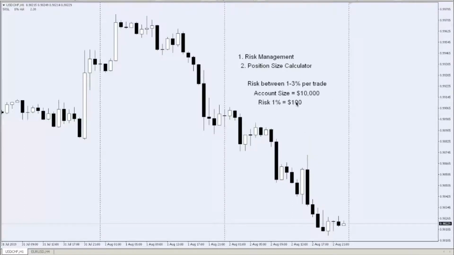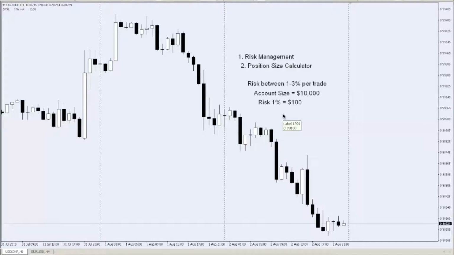So the question is, let's say you want to risk $100, what is the position size that you need to buy? One of the things that we over here at Financial Market Wizards don't believe in is fixed lot sizing. Fixed lot sizing means that you always enter with, for example, 0.1, 1 mini, or 1 micro.